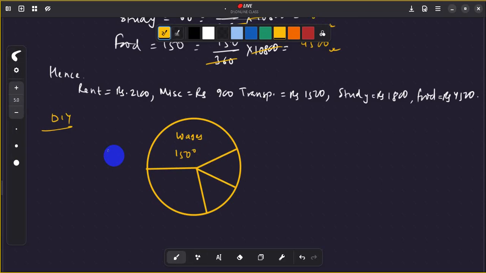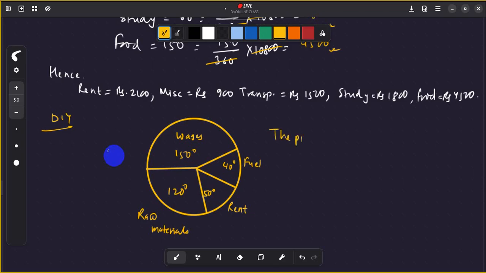This one is fuel, 40 degrees. This one is rent, 50 degrees. This one is raw materials, 120 degrees.